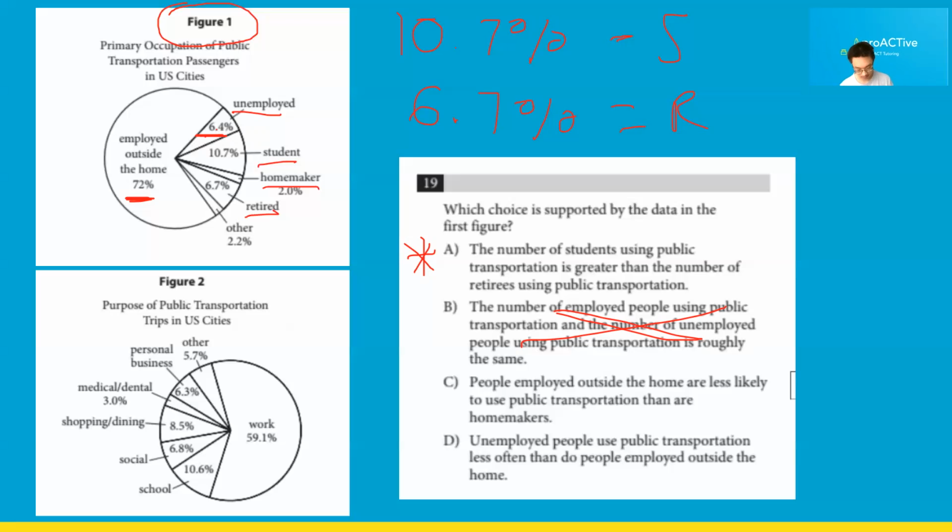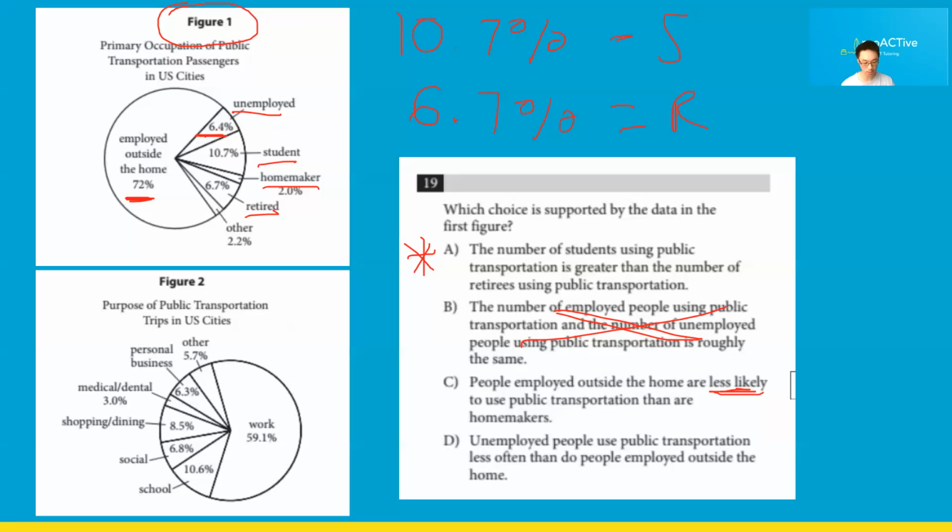Answer choice C is saying the people employed outside the home are less likely to use public transportation than homemakers. However, the "less likely" here makes this question kind of iffy, right? Because based on this graph, it's not a prediction of whether you're more likely to use public transportation or not.